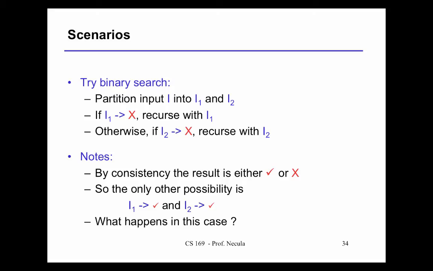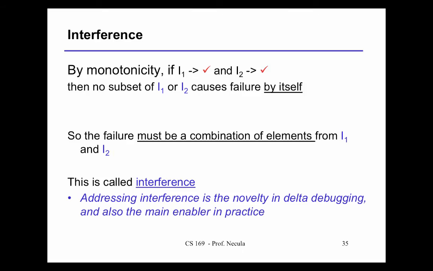So when this happens, you've tried both I1 and I2, and you cannot reproduce the failure. Then you know that your failure is reproduced by some part of I1 with some part of I2. By monotonicity, if I1 succeeds and I2 succeeds, it means that there's no subset inside I1 that fails.